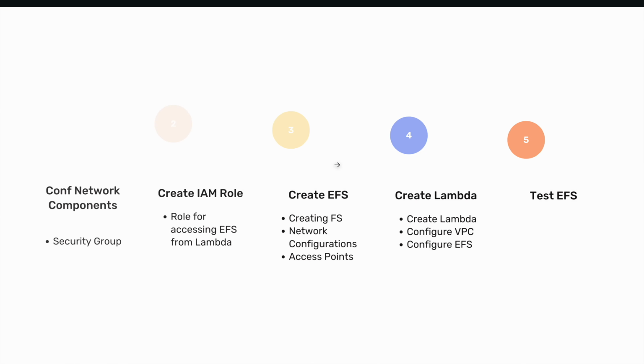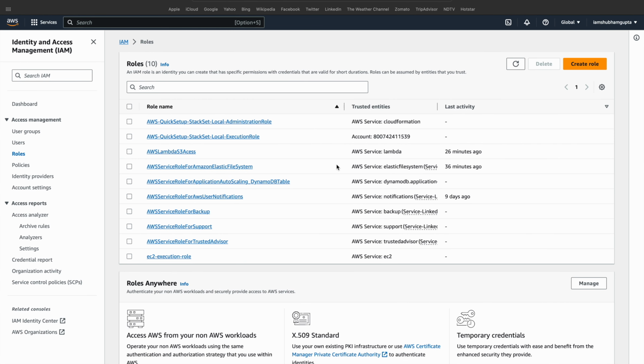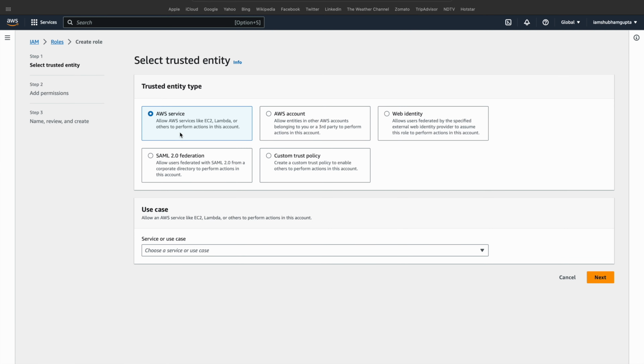Now I have listed down a few permissions which are very important for this one. First, we need permission for elastic file system, which is EFS. We need permission for VPC because we need to configure VPC on Lambda, and then finally we need permission to execute the Lambda. So let's go ahead and create a new role.